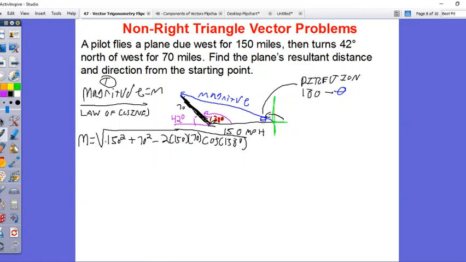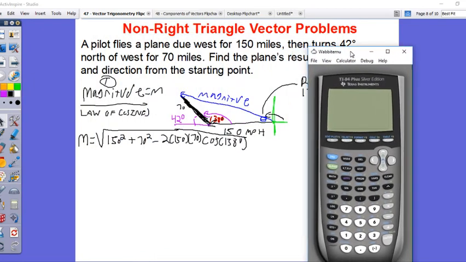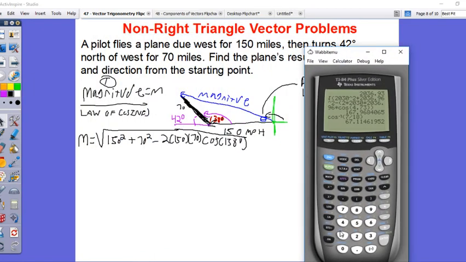So let's get our calculator and say that m is equal to the square root of 150 squared plus 70 squared minus 2 times 150 times 70 times the cosine of 138.